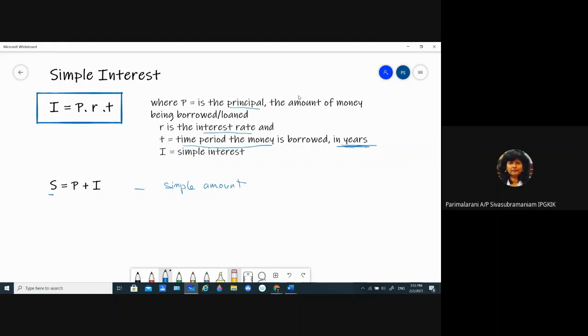That means if you borrow 1,000, say the interest rate is 10%, the bank will calculate the interest for that 1,000. So the interest, say 10%, is 100 ringgit. Your principal is 1,000. 1,000 plus 100 is 1,100. That is the simple amount that you owe the bank at the end of the loan period. Okay?